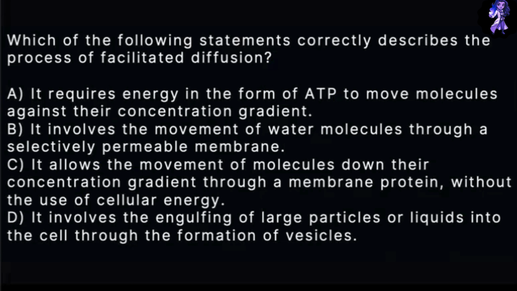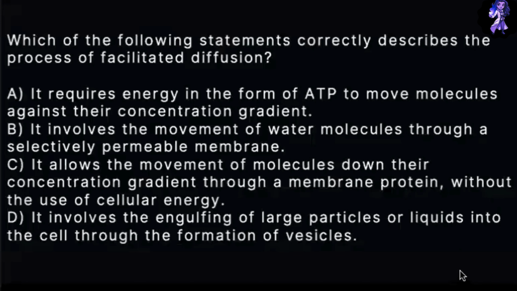Is it C, it allows the movement of molecules down their concentration gradient through a membrane protein without cellular energy? Or is it D, it involves engulfing large particles or liquids into the cell through the formation of vesicles? Some things to note here, I'm going to not go in order to review the answers, but take a moment, pause your video, and once completed, unpause.